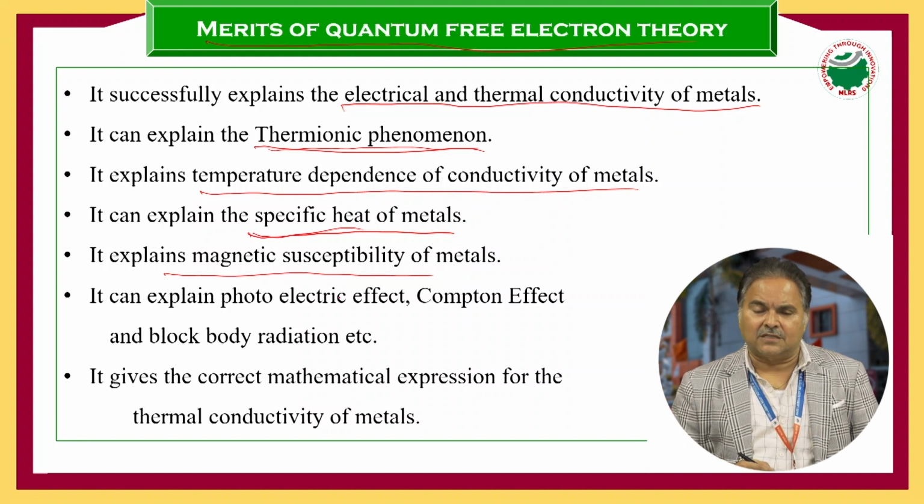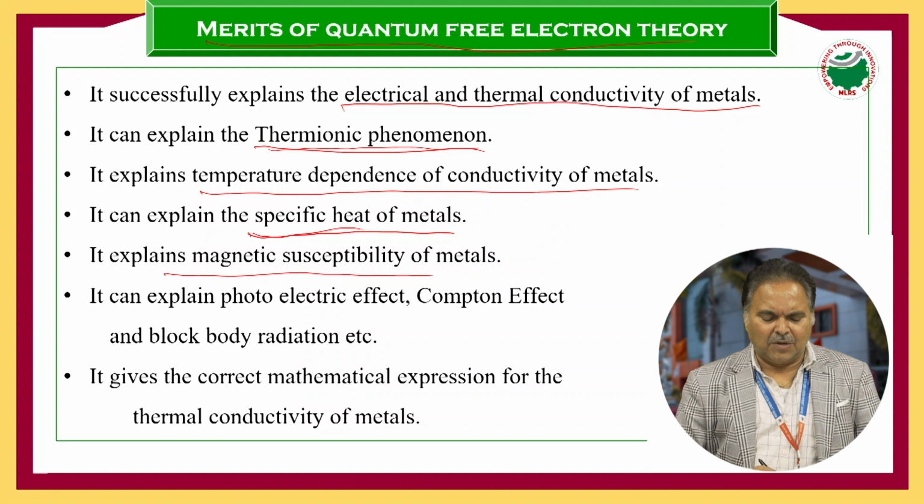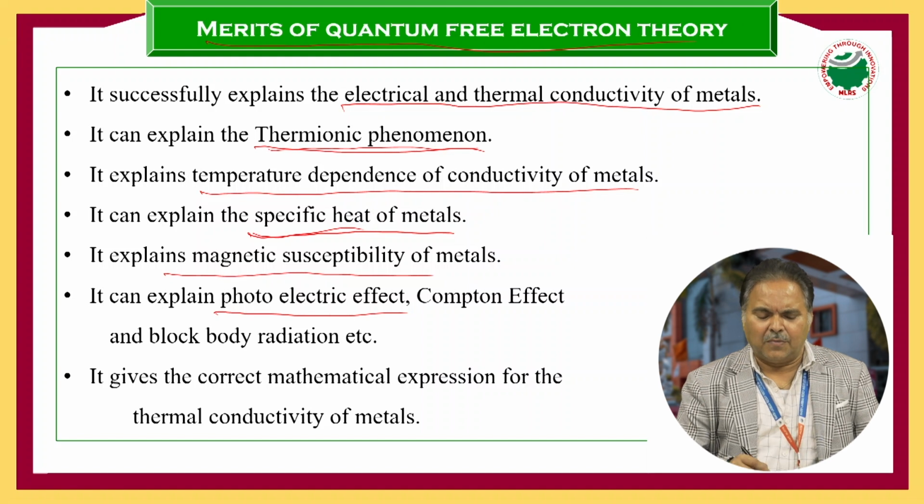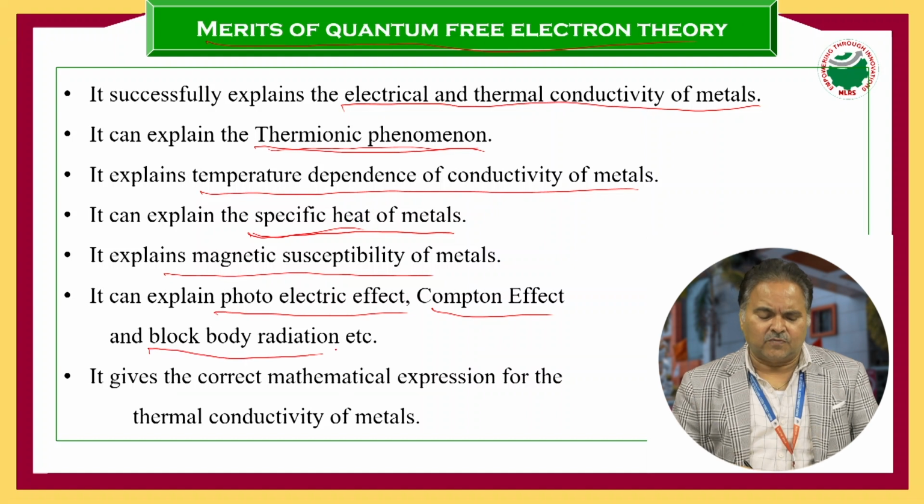Similarly, the photoelectric effect is a disadvantage of classical free electron theory, but an advantage of quantum free electron theory. It explains the photoelectric effect, the Compton effect, and black body radiation.